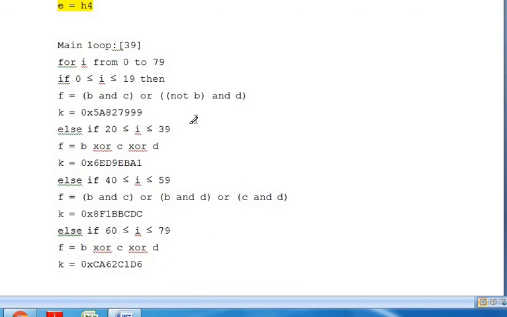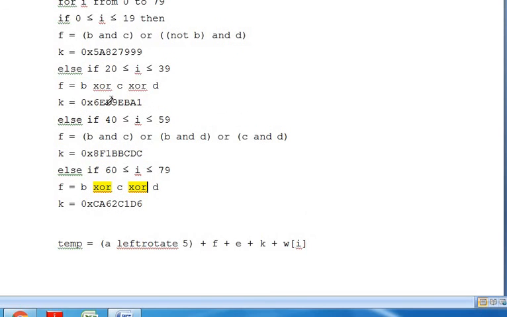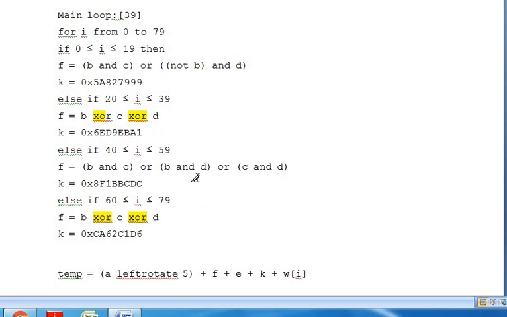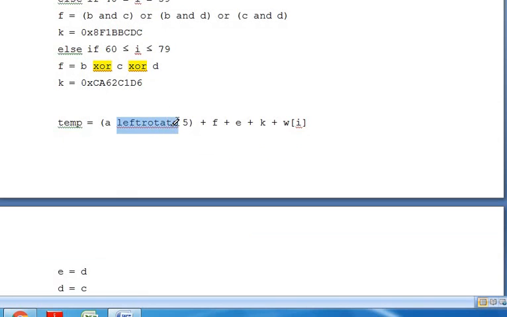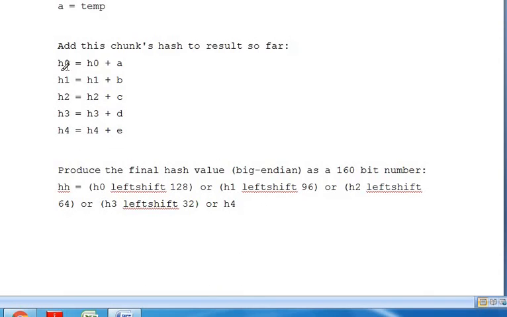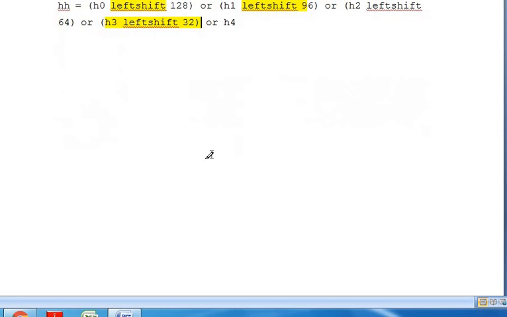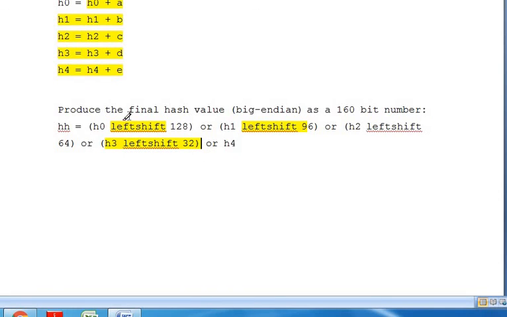Different checks are performed, XORed often, and left rotated, and it converges, and the left shift takes place periodically, so that we can find the final hash value.